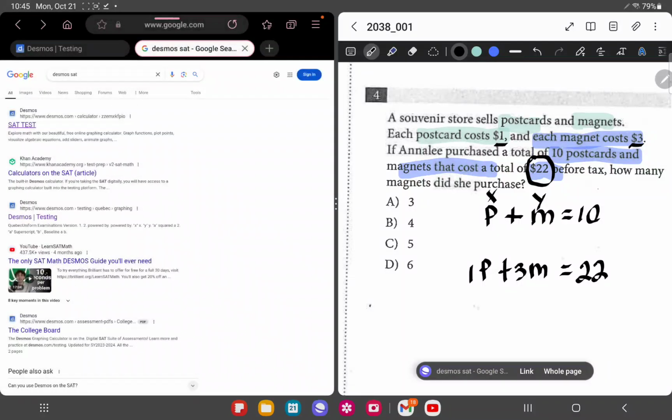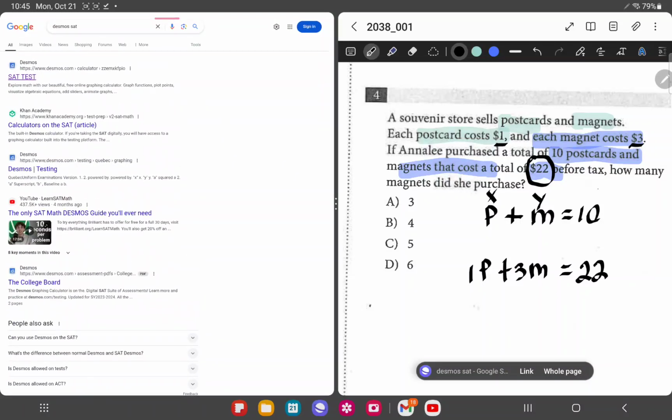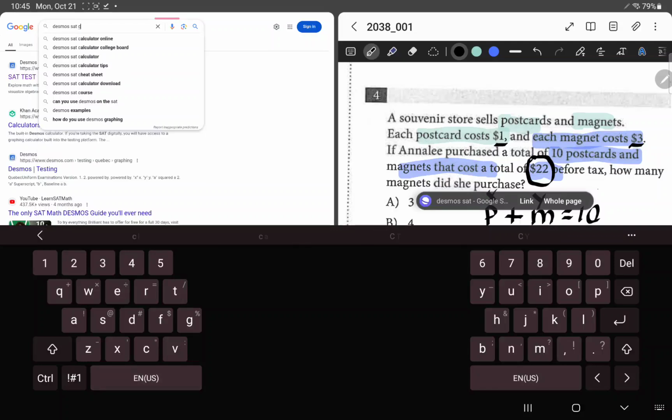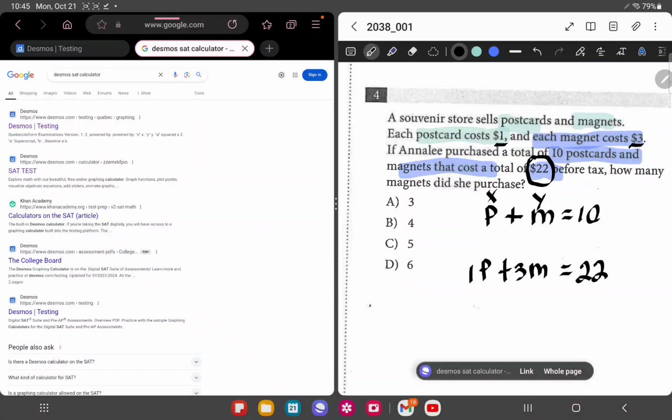I don't think it's this one. Oh, I'm such a dummy. I forgot to put calculator. Sorry about this. I didn't realize I was using the wrong one. Okay, so no, that's not it.